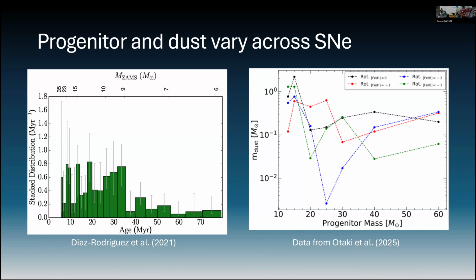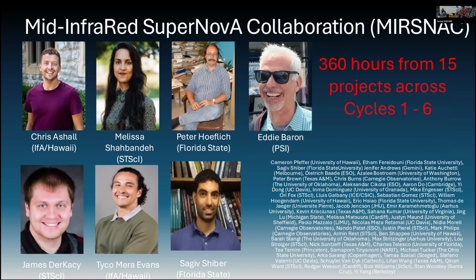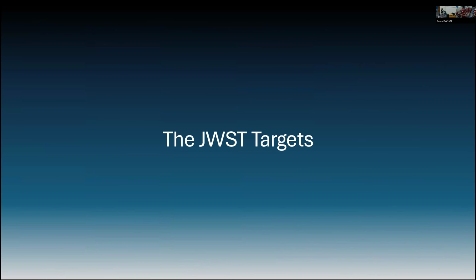And so the collaboration that I'm part of has been able to obtain JWST observations of multiple different types of core collapse supernovae in order to study the formation of molecules and consequently dust within these objects. I'll focus on 3 specific ones today.